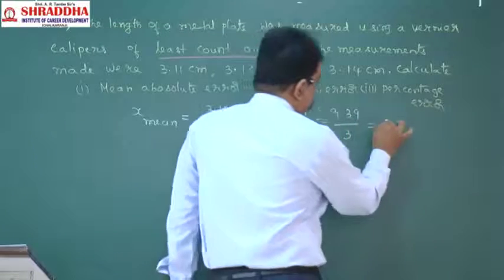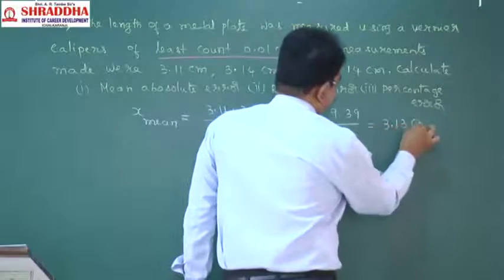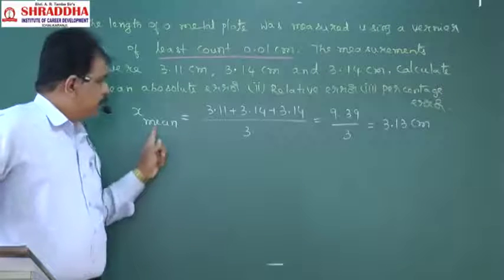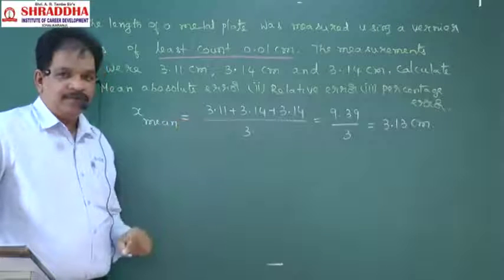So this is 9.39 by 3. Clear? So this is 3.13 centimeter. That is x mean value.